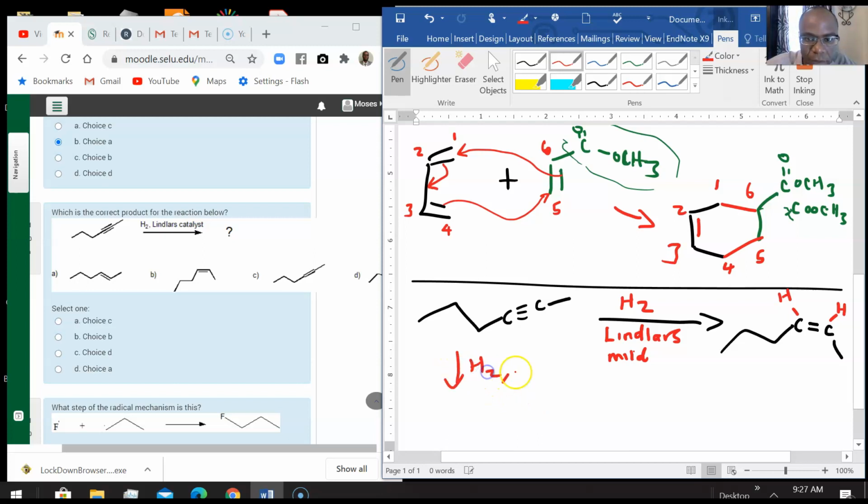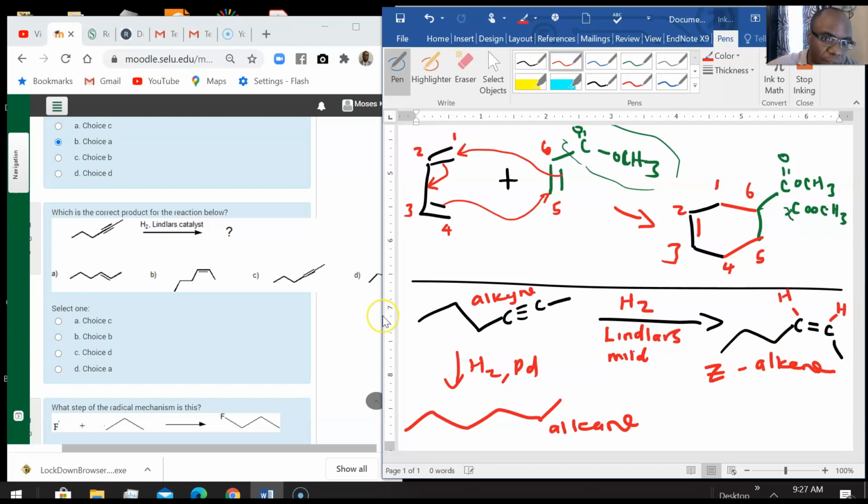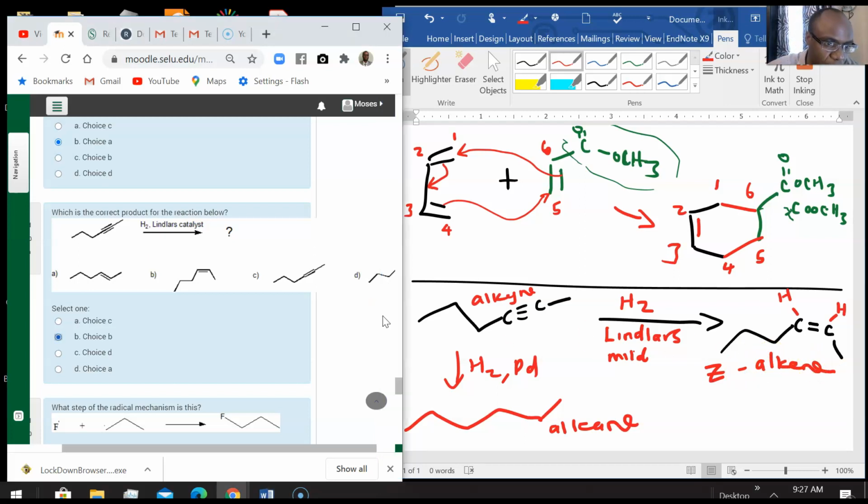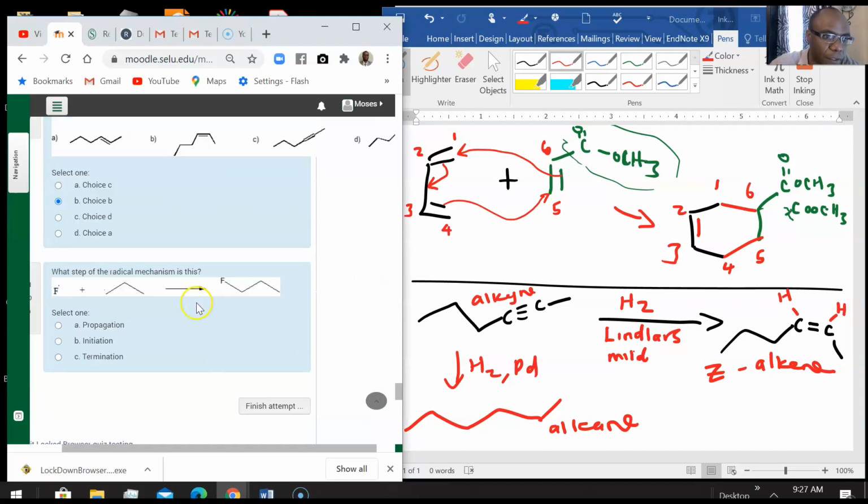For example, if this was just H2 Pd, all we'll have is an alkane. This alkyne is reduced to the Z alkene. Okay, partial reduction. So the answer is B.